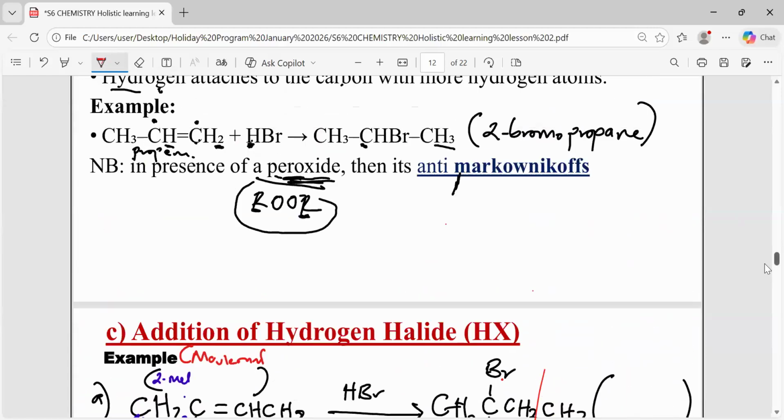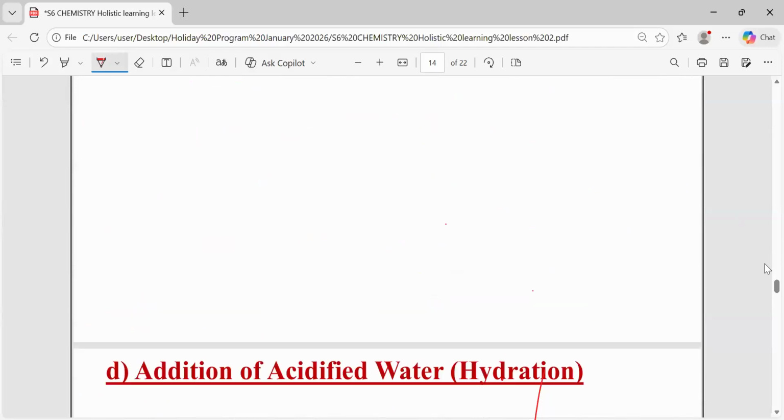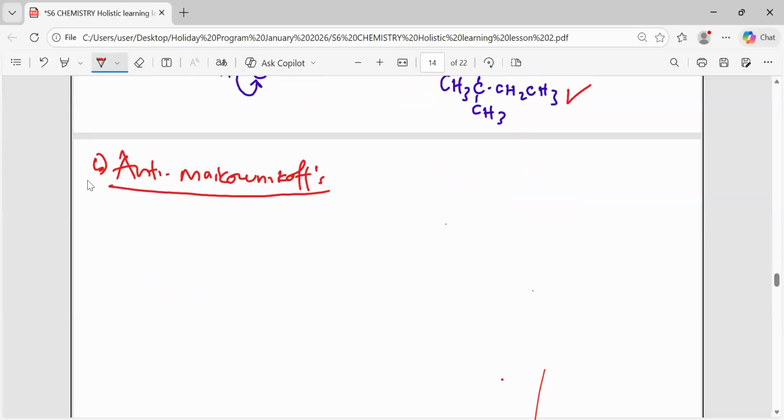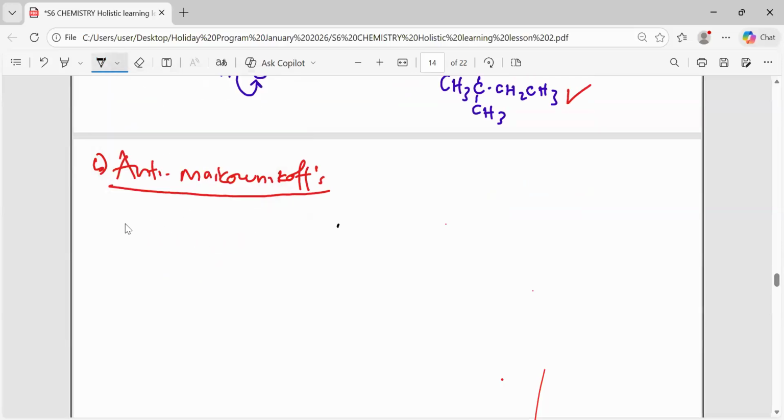Are we there? Yes. So now let's look at an example of anti-Markovnikov's. We say that anti-Markovnikov's works if there is presence of what? Of a peroxide.